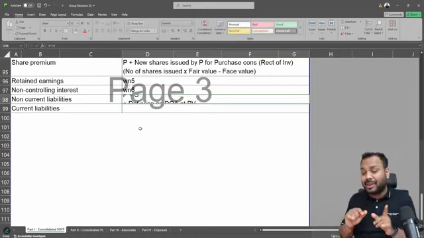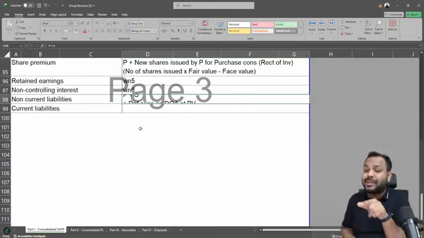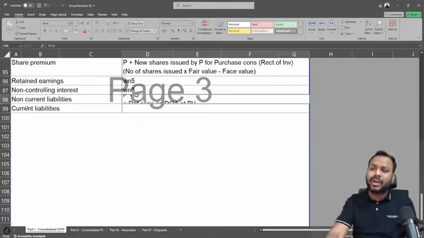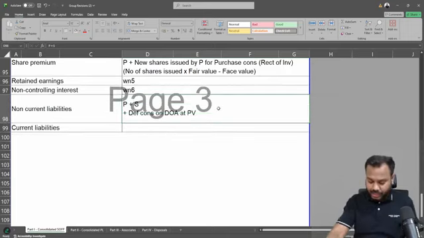So what is the journal entry? Investments account debit to deferred consideration, and as I mentioned, deferred consideration is a financial liability as part of non-current liabilities. It can be a current liability also if it is to be paid within 12 months from the end of the reporting date.